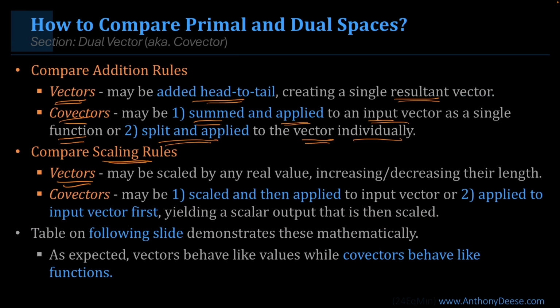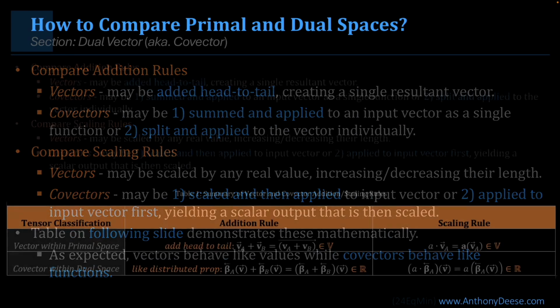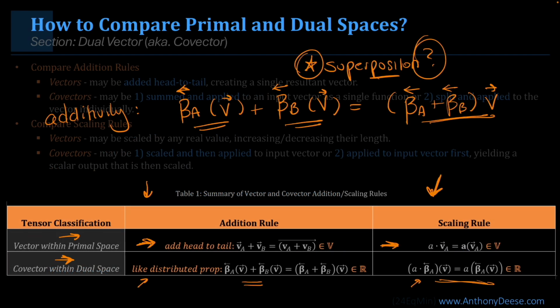Then we compare scaling rules. Vectors may be scaled by any real value, increasing or decreasing their length. Covectors may be scaled and then applied to the input vector, or applied to the input vector first, yielding a scalar output that is then scaled. So that's what we have down here. And this again would be similar to the homogeneity characteristic.